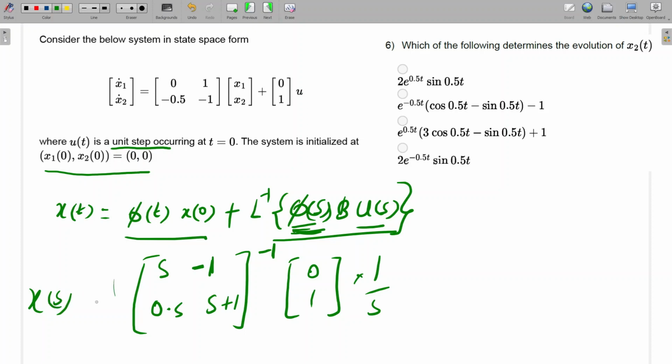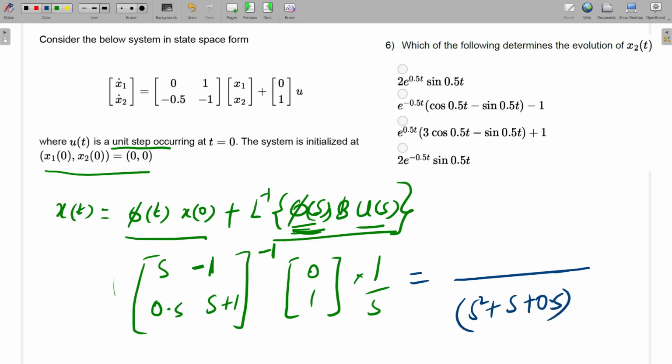Now, if you do the inverse of this one, that will be x of t. So this is some S domain function, which, if you take the inverse of that one, will give x of t. So first we'll calculate this one. The denominator will be the determinant of this one: s square plus s plus 0.5.